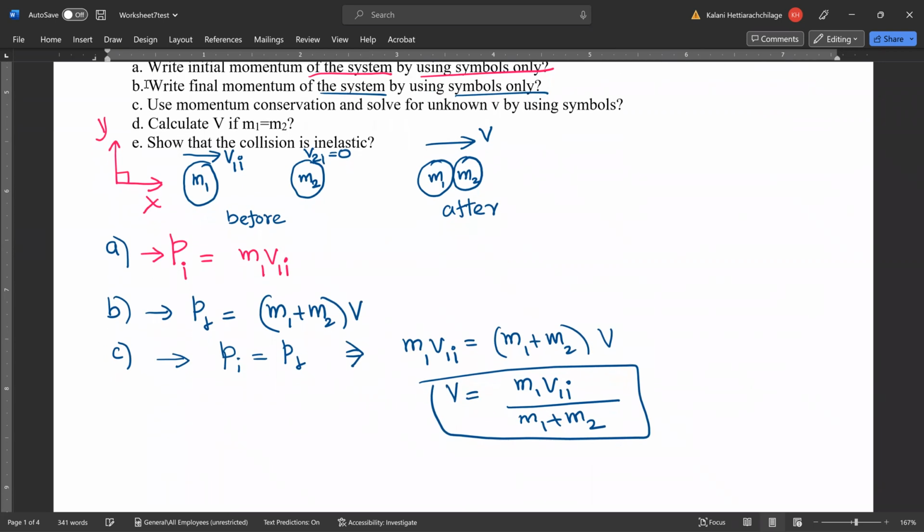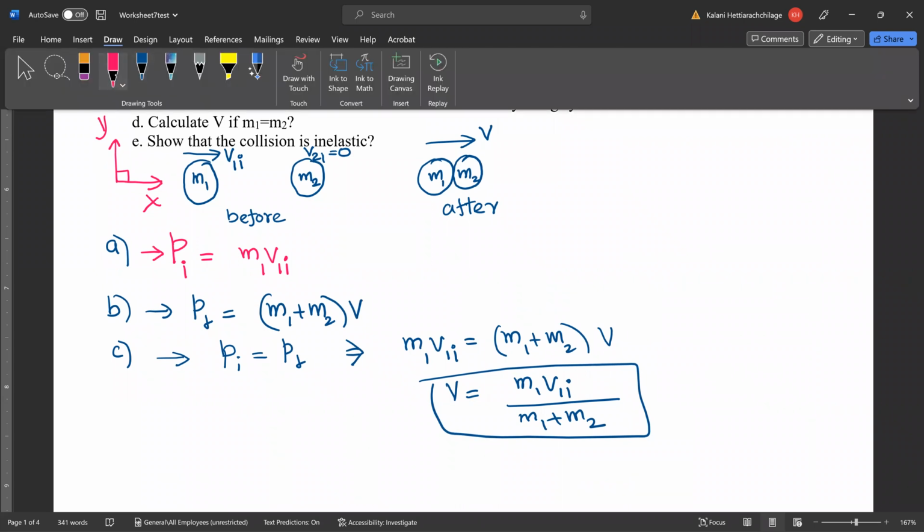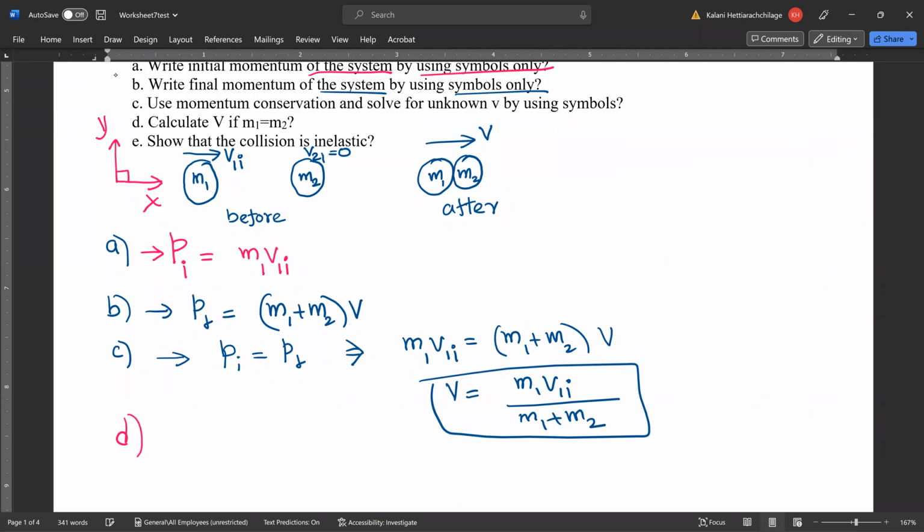Okay, so now part D is asking, calculate v if m1 equals m2. Calculate means I need to calculate it. I'm going to write the formula one more time. Since m1 and m2 are the same, we can write it as m plus m, right? That is 2m.